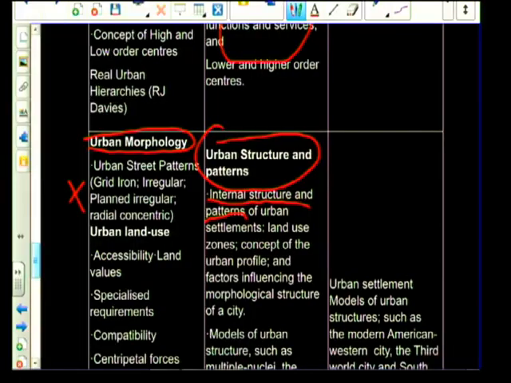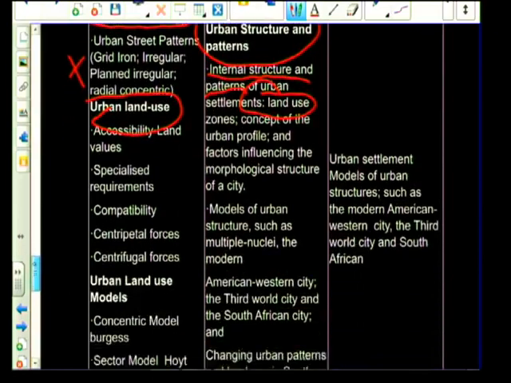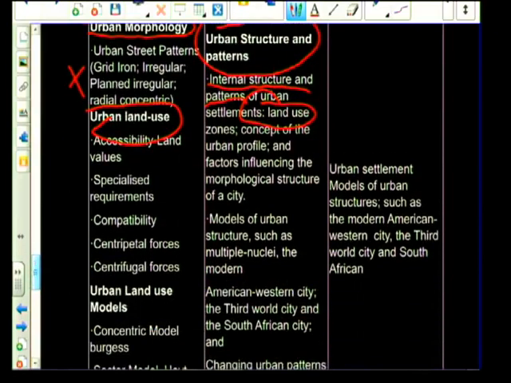Then we look at the urban settlement as such, urban land use. Can you see it? Urban profiles are also covered here. You understand? So sections overlap.